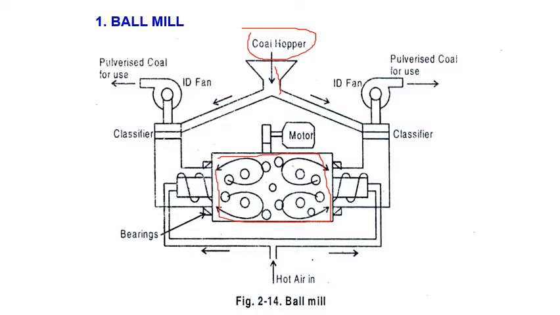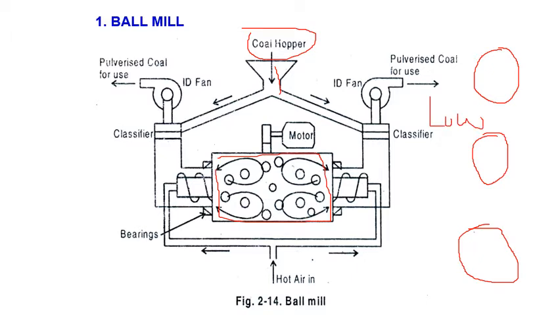So I am drawing three diagrams to help you understand how the speed varies. If the speed is low, the coal deposits at one region only and will not give efficiency; only rubbing action between the coal takes place. But if the speed is very high, the coal stays peripheral to the drum and there is no good performance.